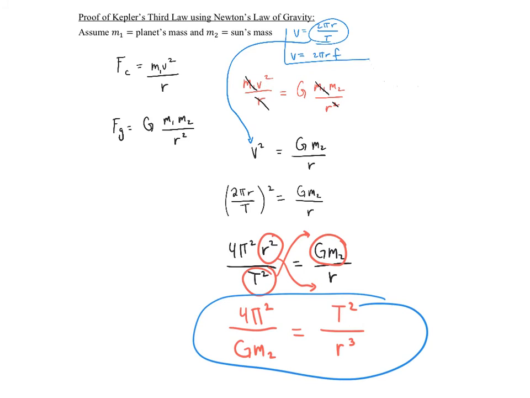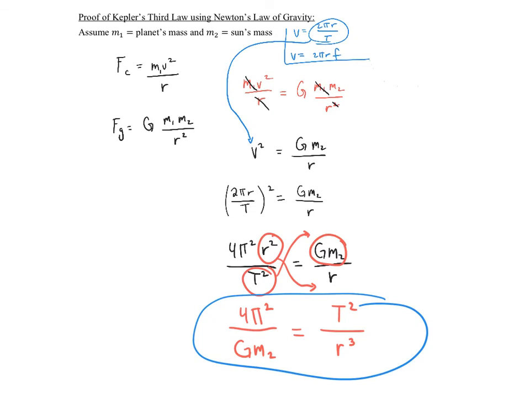Whatever, it doesn't matter what the number is. The point is that this ratio is a constant. So T squared over R cubed must also be a constant, which is why this is the same quantity for all planets.